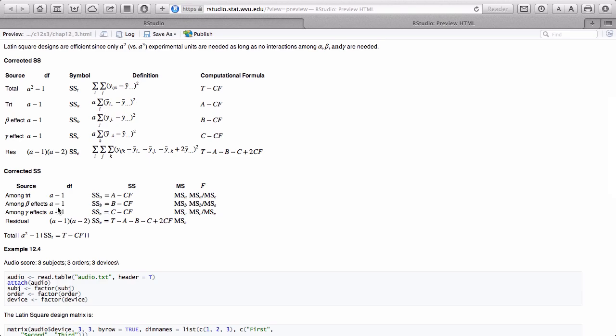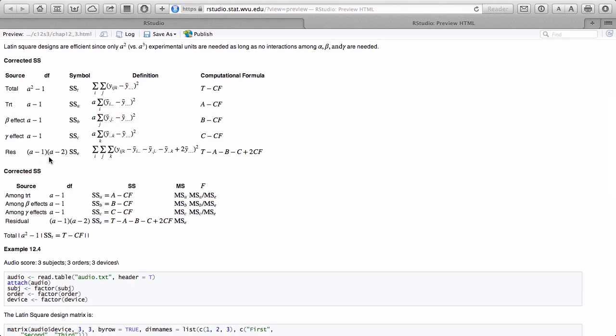Well, how many experimental units do I have altogether? If a represents, in what I was talking about, 4, so it's a by a treatments, the number of plots is still only a squared, so there are a squared observations. So the total will have a squared minus 1, the treatment will have a minus 1, and the row and column effects will each have a minus 1.